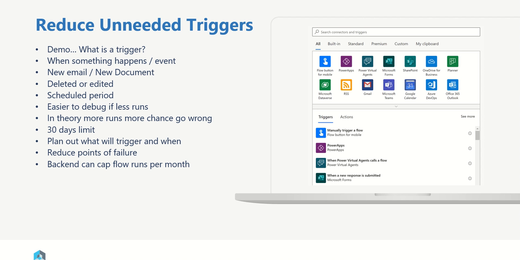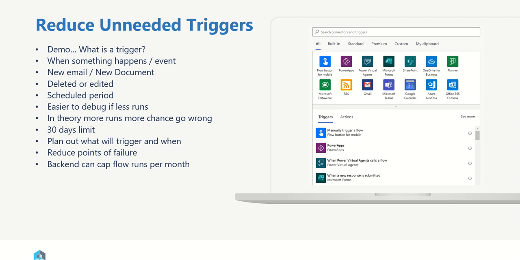So those are great for solutions where you're looking to, say, update something based on a certain period of time. So let's say, for example, you're looking for documents which are older than a month or something like that, or they've not been modified for a month, and you want to chase up the document owner. That's where you'll need a scheduled trigger to kick in.